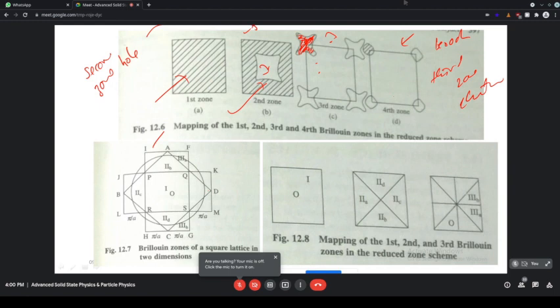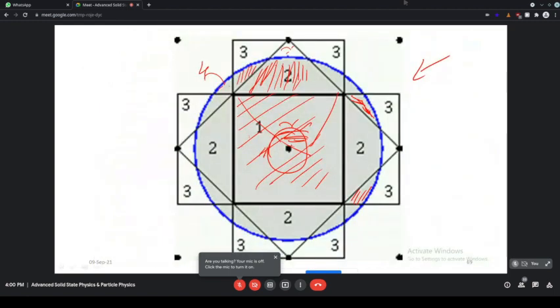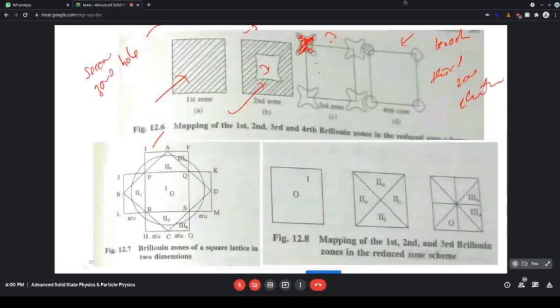Now let us consider the fourth zone. In the fourth zone, this much is the filled energy level, and all other levels are empty. If you combine these four portions, that will become exactly a circle. This is the fourth zone.